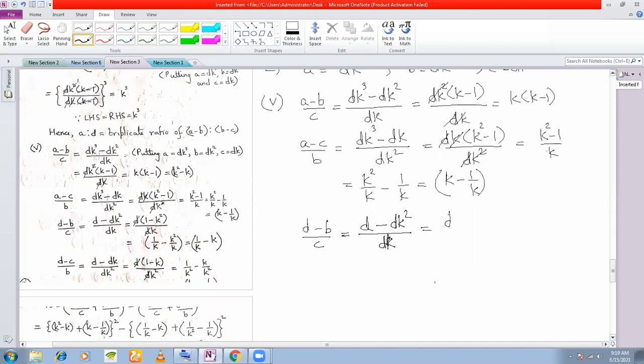So now from this you can take d common, you get 1 minus k square by dk. So this d cancels. You simply get 1 minus k square by k, which can be written as 1 by k minus k square by k, which is nothing but 1 by k minus k.